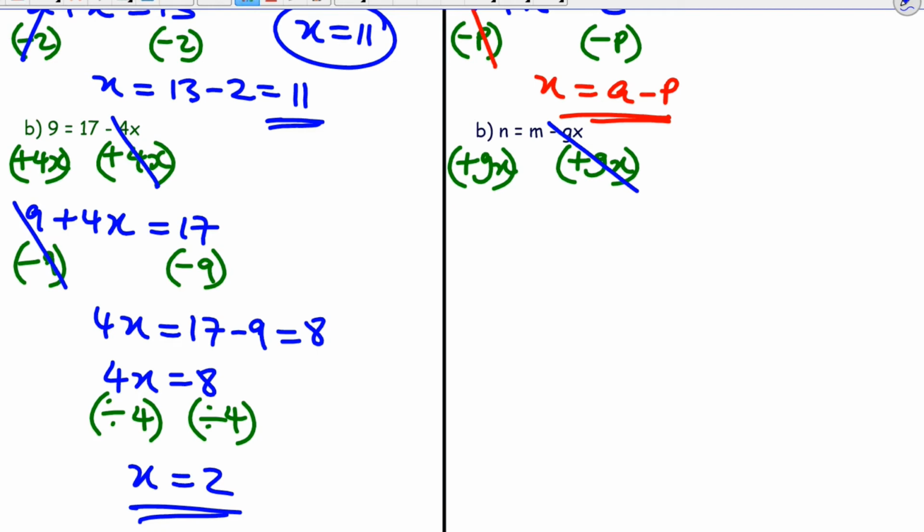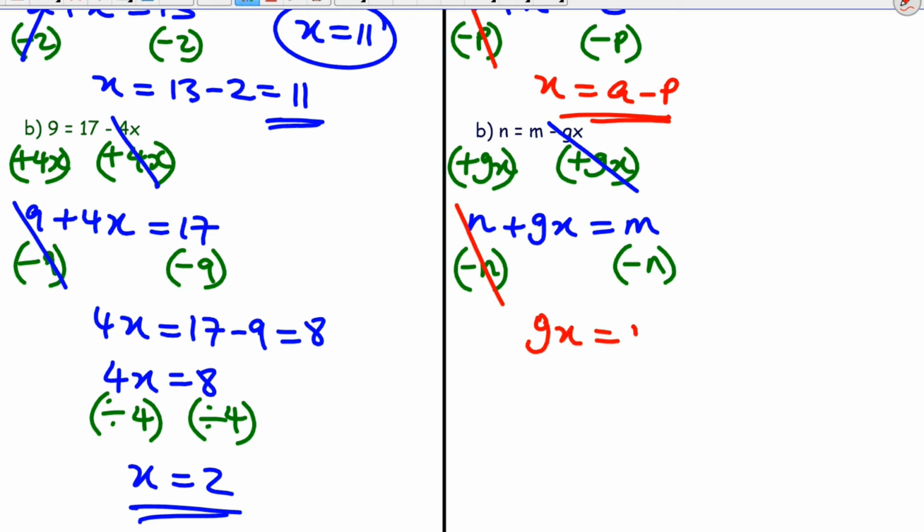So what we shall end up with is n plus gx is equal to m. And then the next step is subtracting n from each side. So what you shall end up with is, and by the way, n minus n, that will be equal to 0. So that's gone. So what we shall end up with is gx is equal to m minus n.